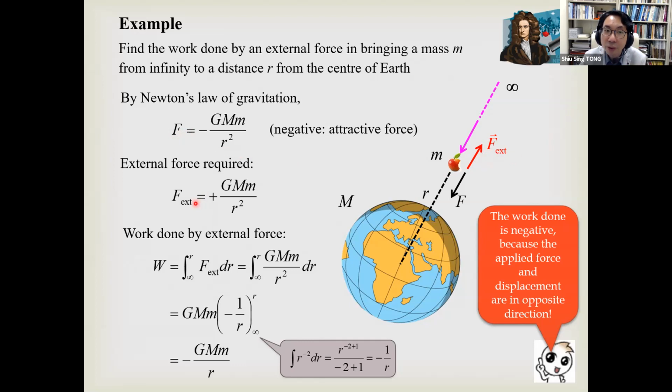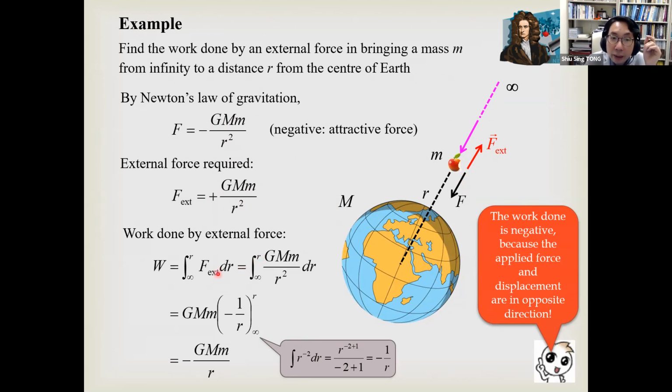So the external force is the opposite of this gravitational force. So it's plus GMm over r squared. So the external force is outward, but the gravity force is inward. Okay, so they're in opposite directions. Although they balance each other, they are in opposite directions.